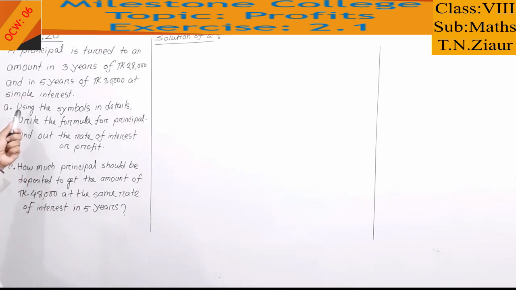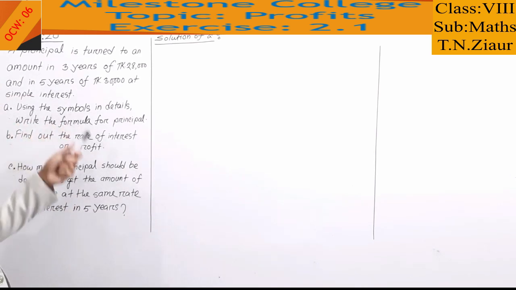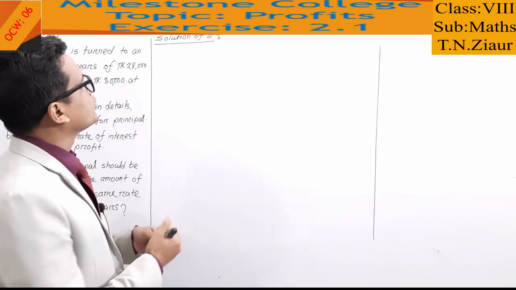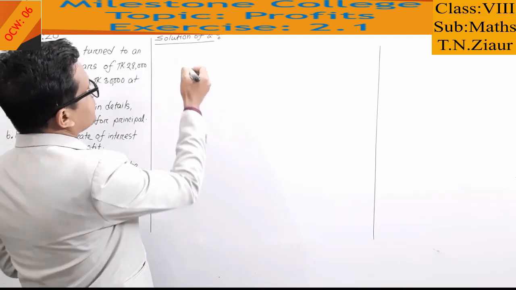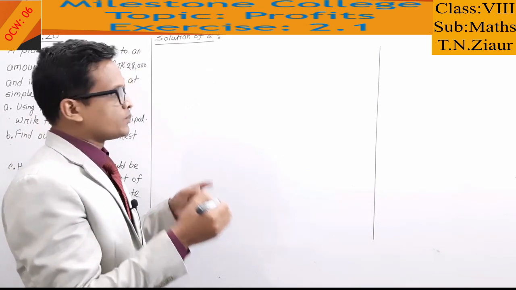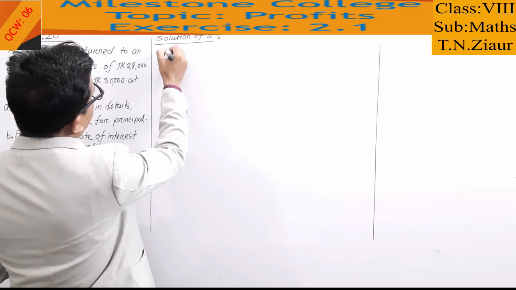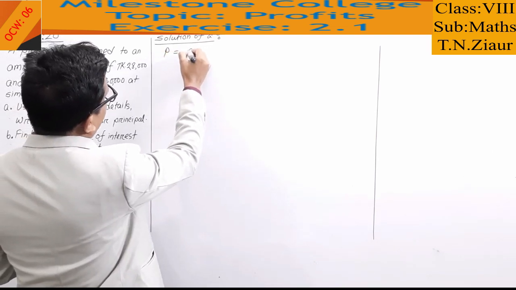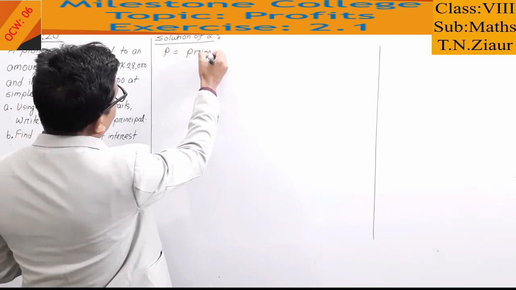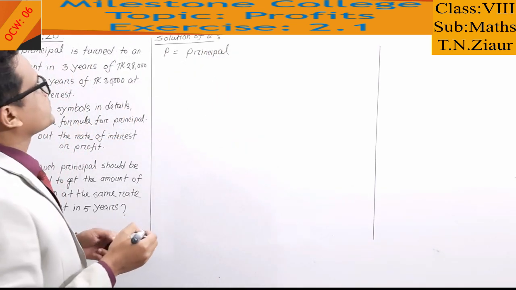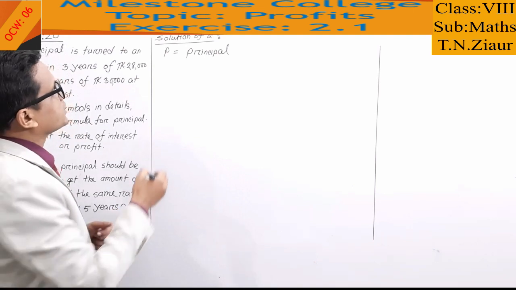Okay, now here given, first we will solve number A, using the symbol in details, write the formula for principal. So you know principal, P is denoted by principal. So in details we can write P is equal to principal. P means principal or capital also we can tell.